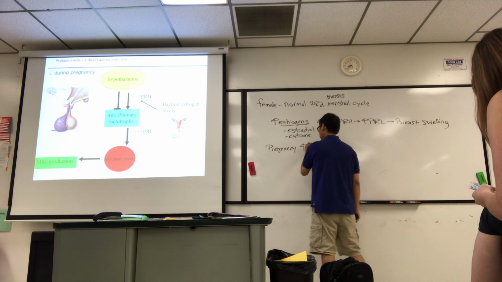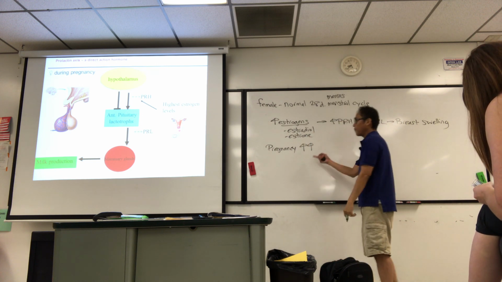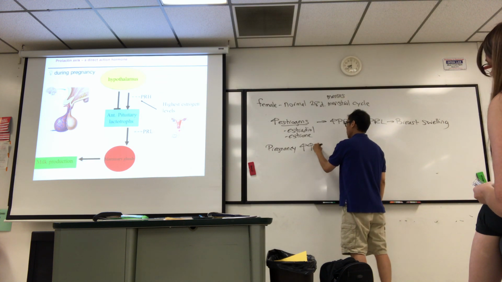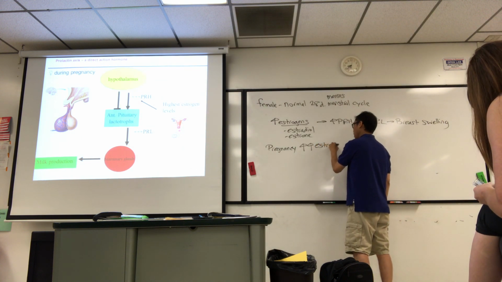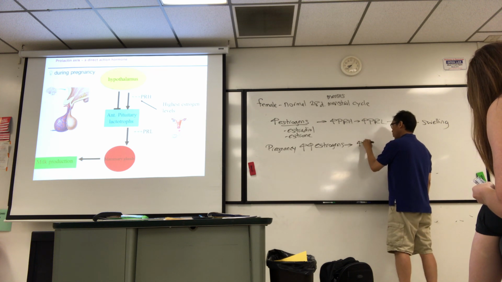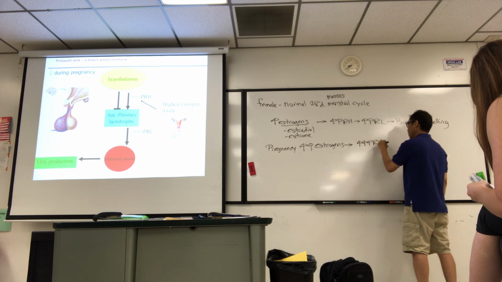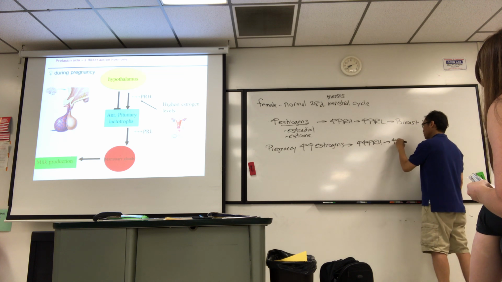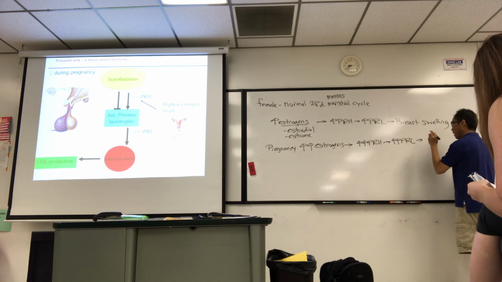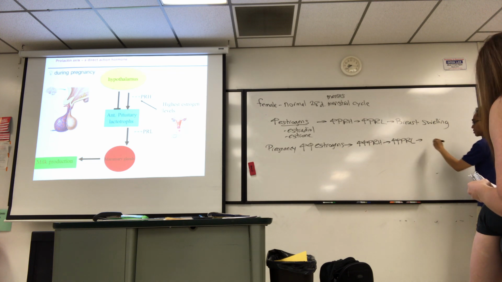I'll just illustrate two up arrows to let you know there's a lot more estrogens circulating. Therefore, you get a lot more prolactin releasing hormone and a lot more prolactin. You get full-on lactation, milk production.